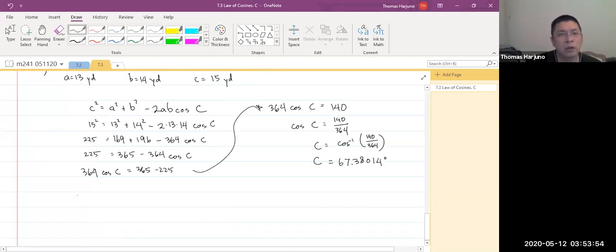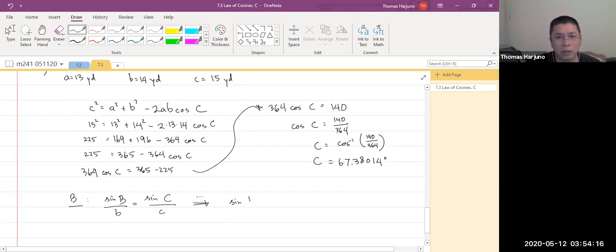Let me use law of sine. Suppose I want to find angle B. Then sine B over b equals sine C over c. And then I will get sine B. I go fast forward a bit.